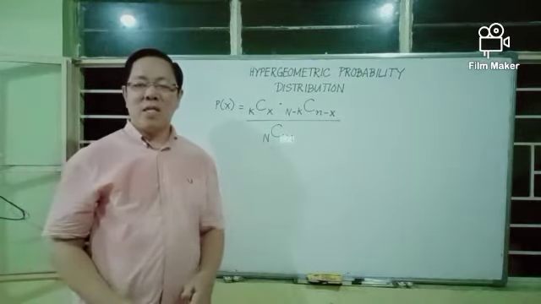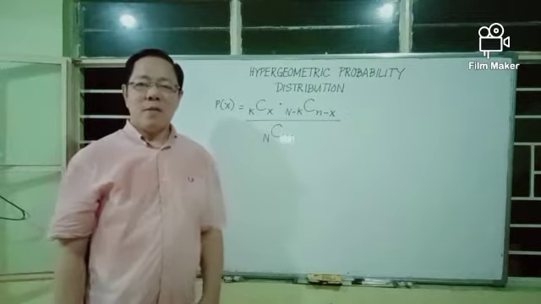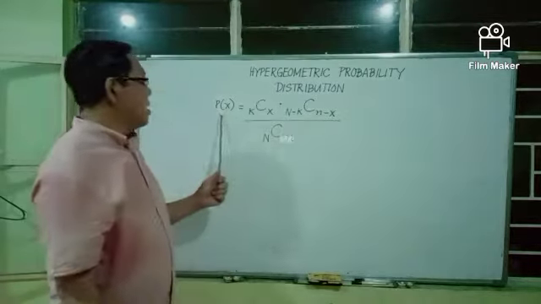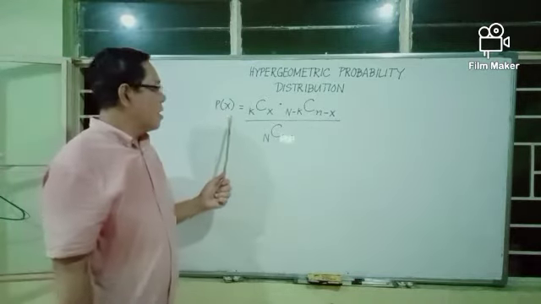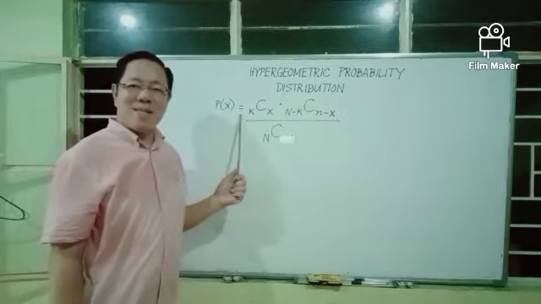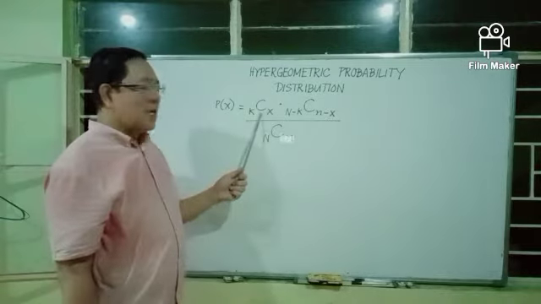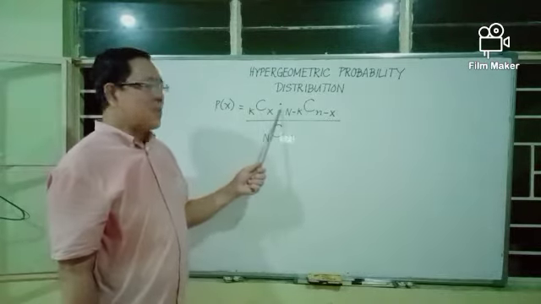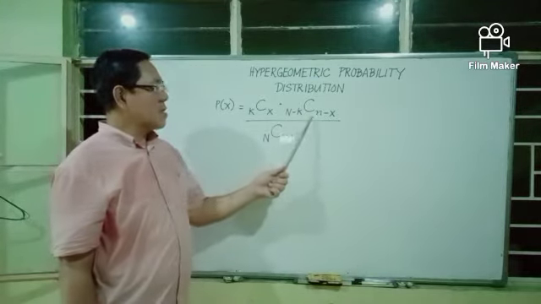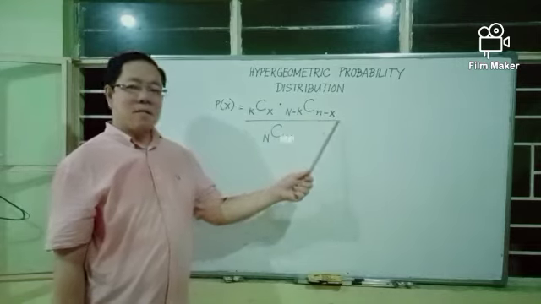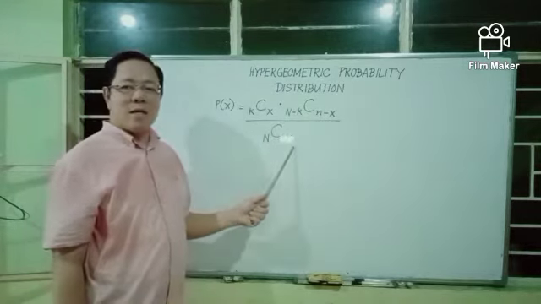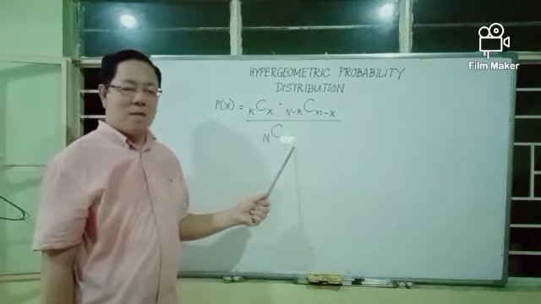The probability of the discrete random variable x taking some value is denoted by p of x and is given by this formula for hypergeometric probability distribution: combination of k taken x multiplied by combination of N minus k taken n minus x, divided by combination of N taken n, small n.